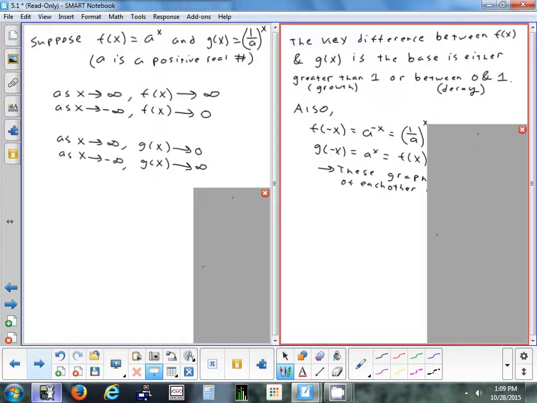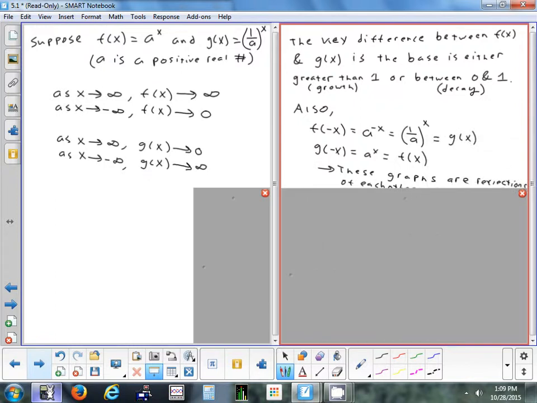So if we take an f of x and change x to a negative, we get g of x. Okay. And the same thing happens in g of x. If you take and replace x with a negative, it turns it into f of x. So what that proves is these graphs are reflections of each other over the y-axis. We kind of saw it in the picture. This proves it.